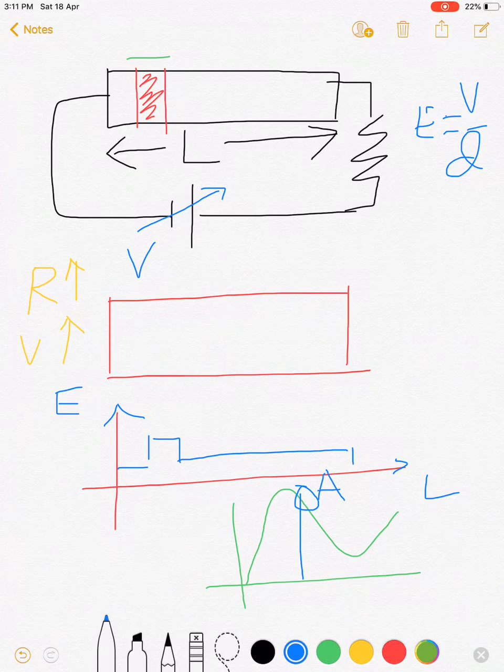That means if 50 electrons come to point A, then a lesser number of electrons will leave point A. Suppose 50 electrons come over here, then say 40 electrons leave this particular position per second. So per second there will be an accumulation of 10 electrons in this area.